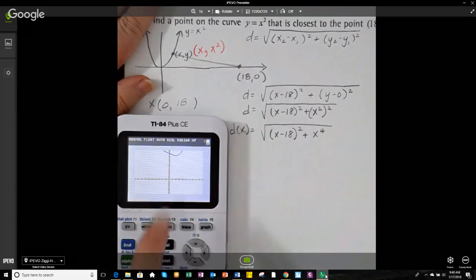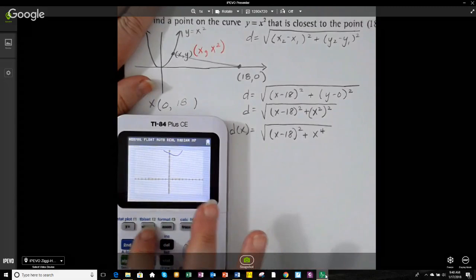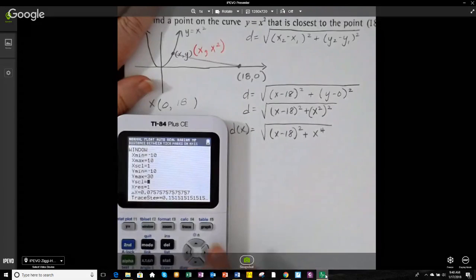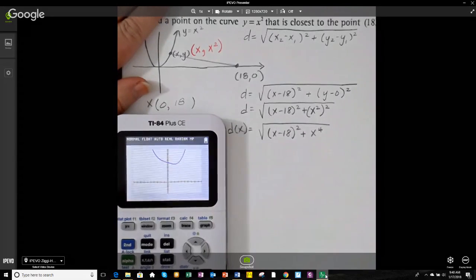Oh, well, then I have a little blurb up here. That's a minimum. And let's say we wanted to see more of it, I could change this to 30. Now 20 is perfectly fine. I just want to see more of it on my graph, okay?